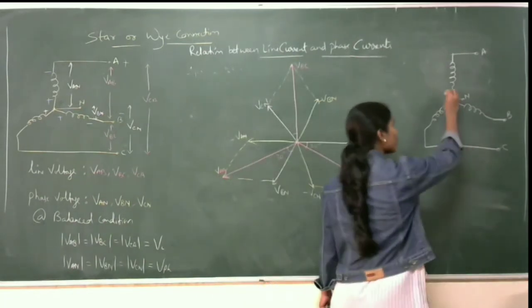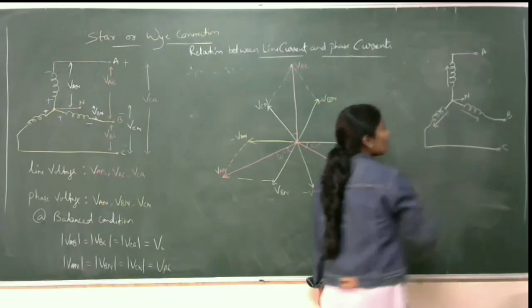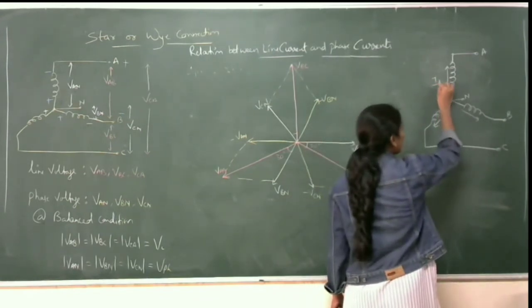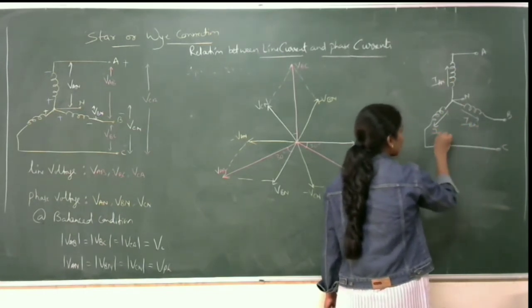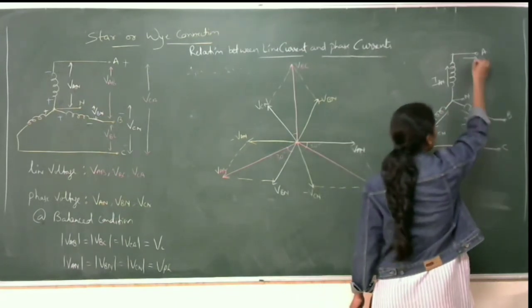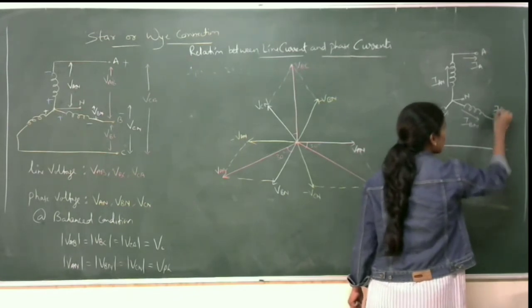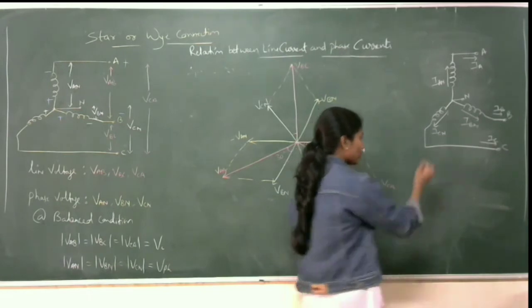The current flowing through the phase is the phase current. Suppose this is my IAN, IBN and ICN, showing my phase current values. And the current flowing through the line is my line current, a simple example we saw at the start. So these are my line currents. Let me write it here.